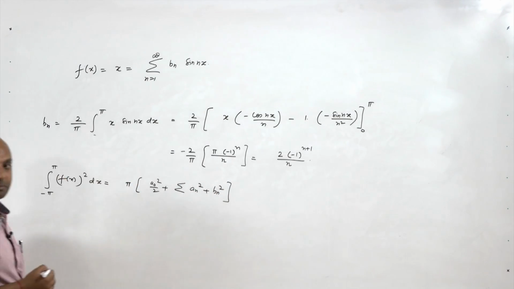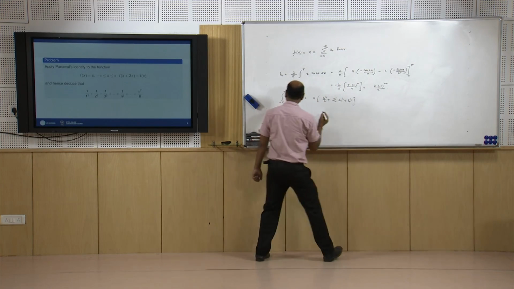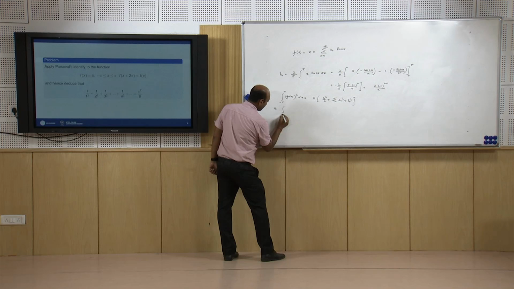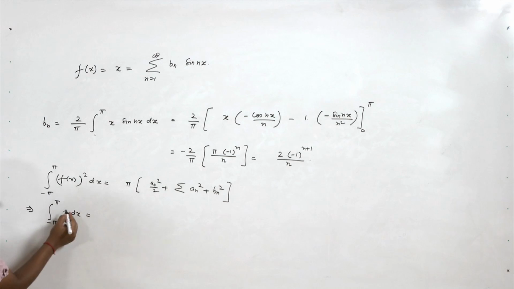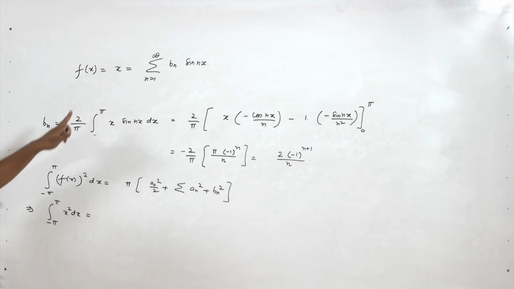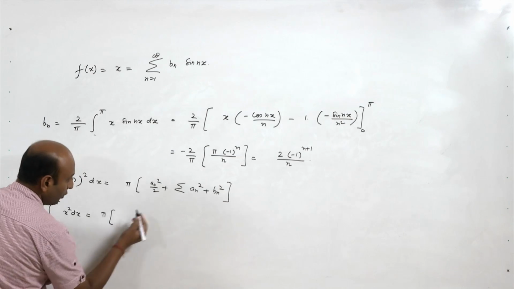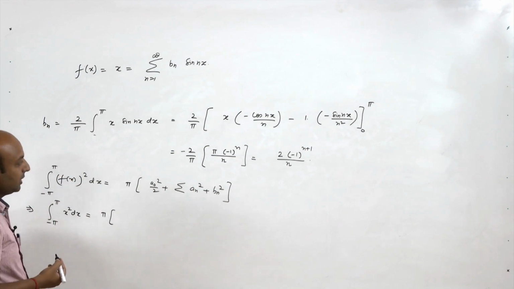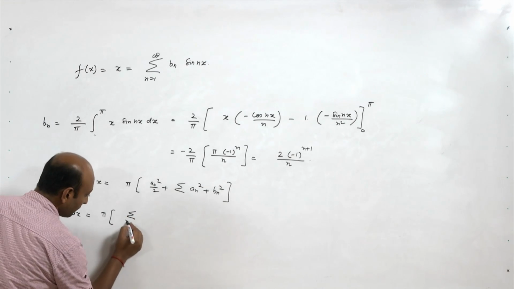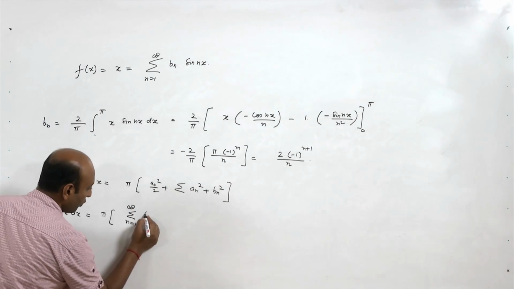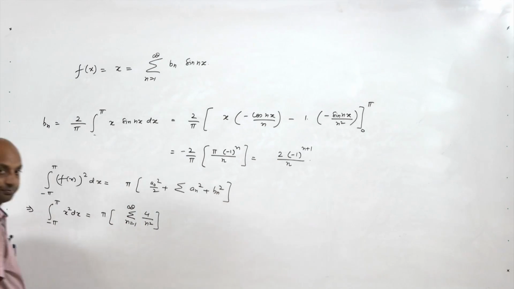So, this is basically Parseval's identity. This implies the integral from minus pi to plus pi of x square dx, because f(x) is x, and a naught is 0, a n is 0, only b n is there, and the b n value is this. When you square this, it is the summation n from 1 to infinity of 4 upon n square, when you take b n square.